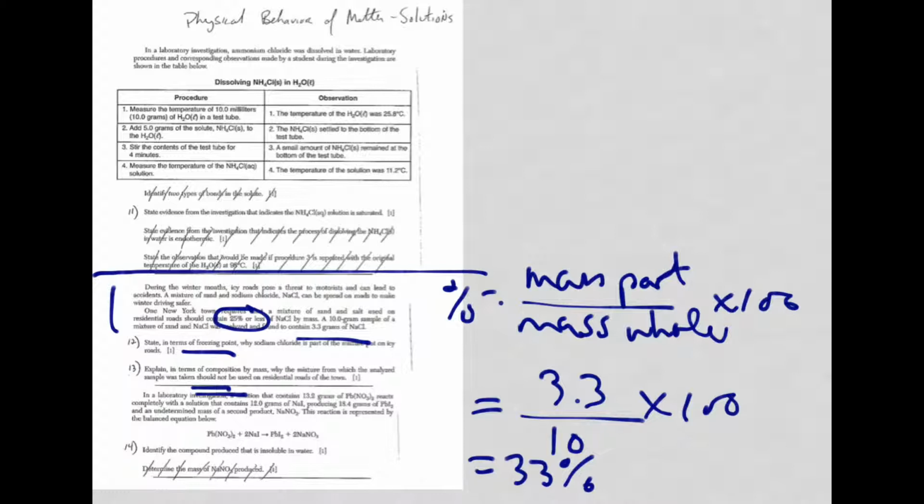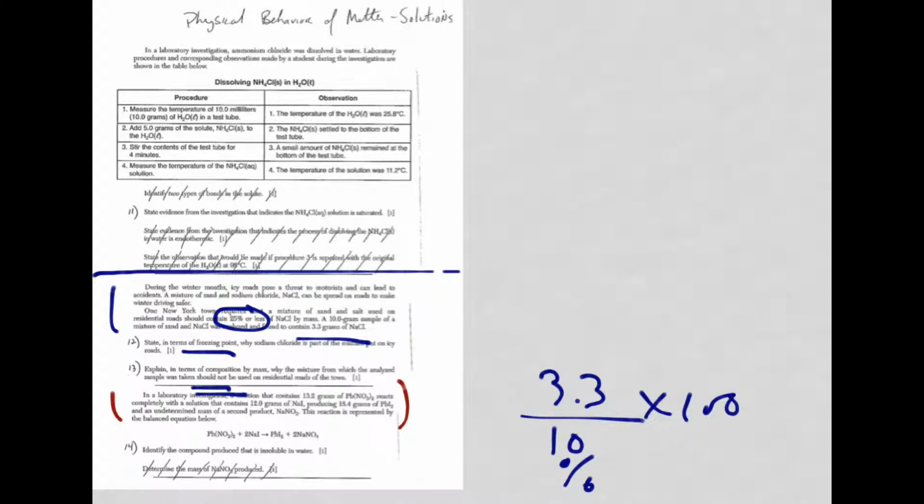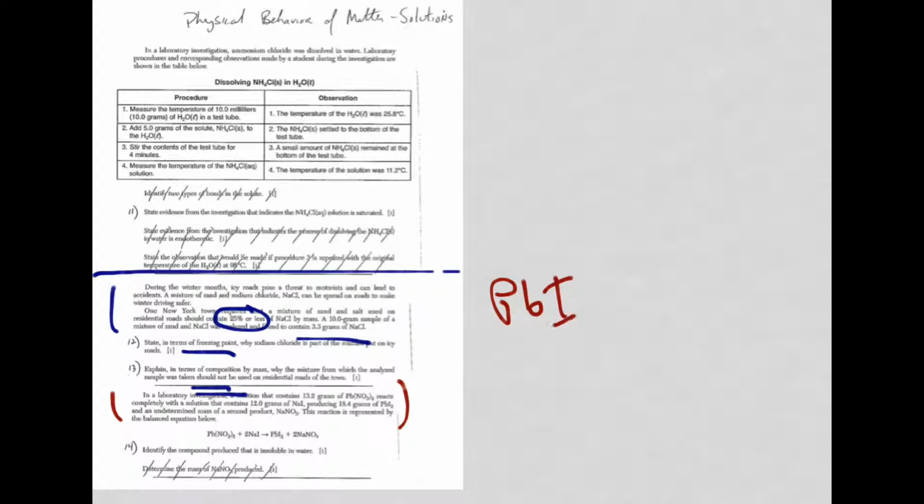In 14, I have, again, a reading passage and an equation, and we're asked to identify the compound produced that is insoluble in water. Well, for this last question, I have only two possibilities. It's one of the two products. So I have PbI2, and the other product was the NaNO3.